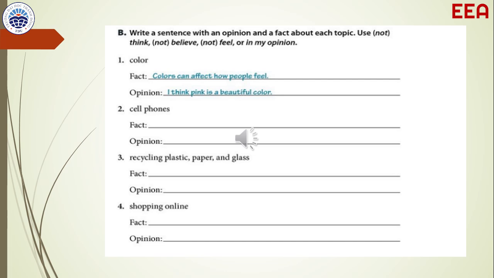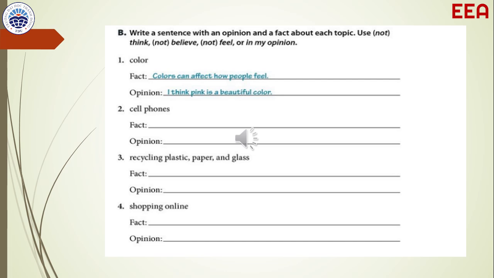For example, the color. When you want to make a fact, you say colors can affect how people feel. It is a fact. How about opinion? I think pink is a beautiful color. Or I don't think pink is a beautiful color. It is up to you.